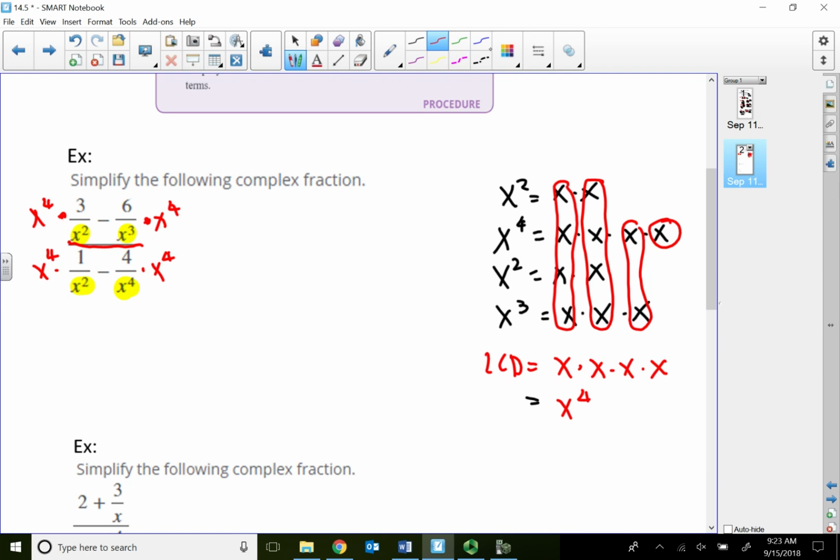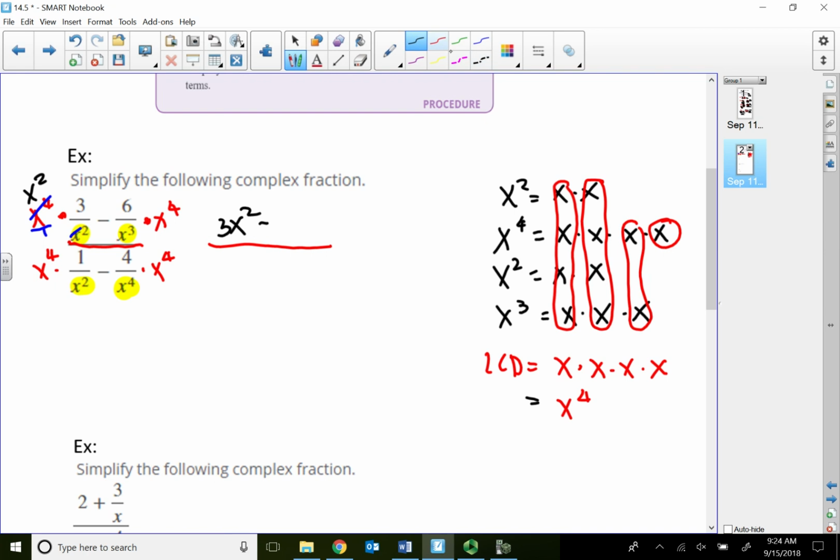All right, so let's take a look. 4x times the LCD means it's always over 1. So 4x on top, 2x in the bottom canceled out. That should leave me with x squared on top. x squared times 3 is going to be 3x squared. So this denominator is gone. Let me write my red fraction right here so everybody can see.